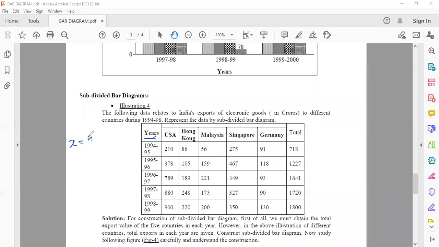Say X is year and Y is country. So Y has 5 values: 1, 2, 3, 4, 5. X also has 5 values: 1, 2, 3, 4, 5. Right? And also, for the subdivided bar diagram, you require this column also.